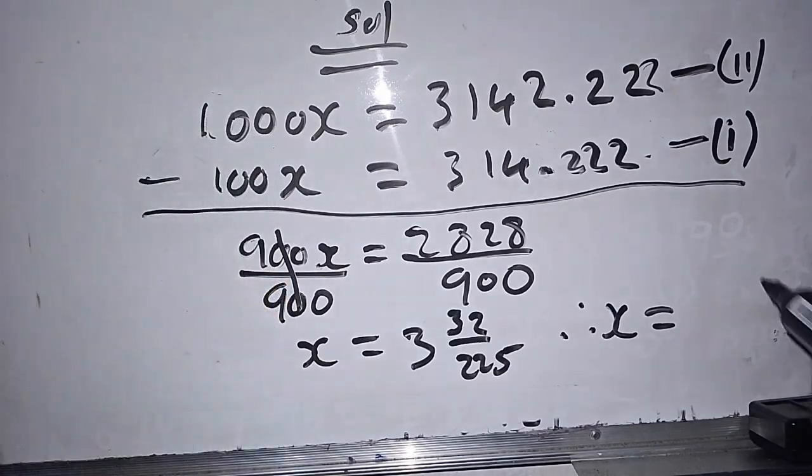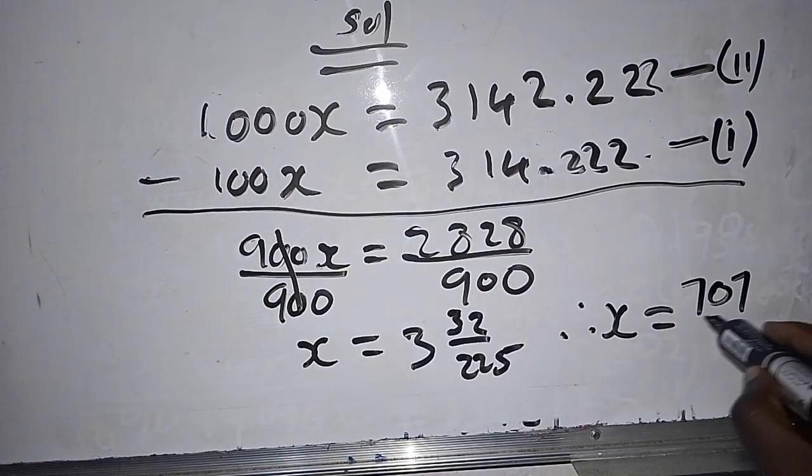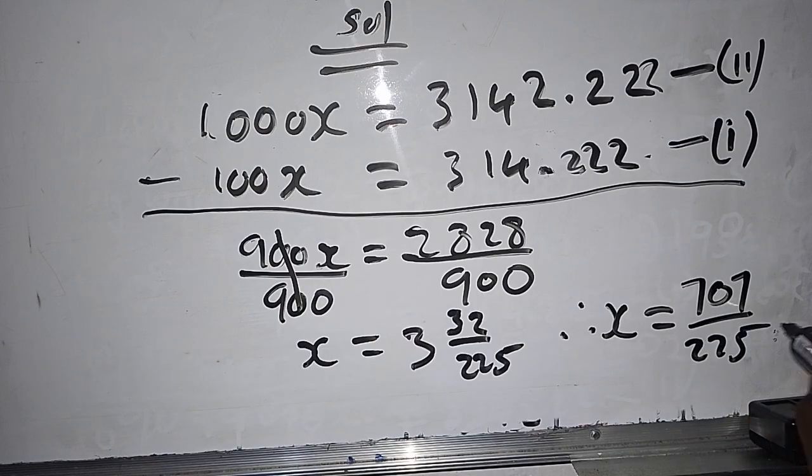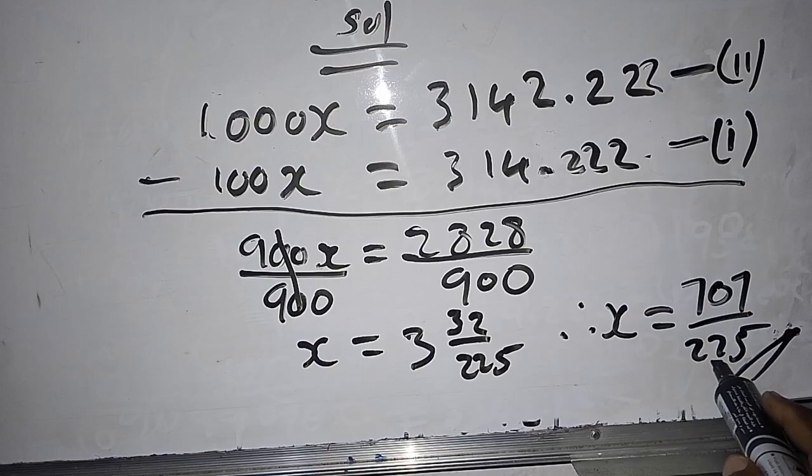You get 707. So 707 over 225. As you can see, it is in its lowest, simplest form, meaning that we are done solving.